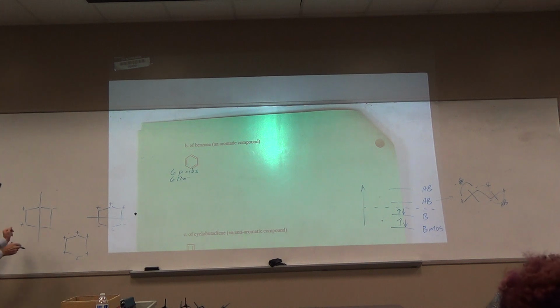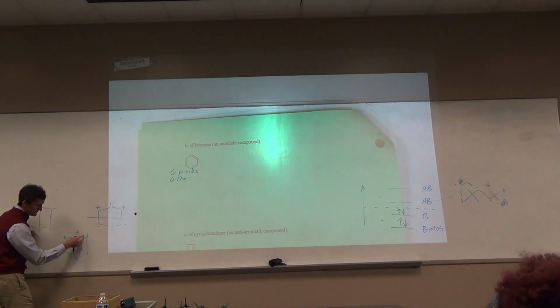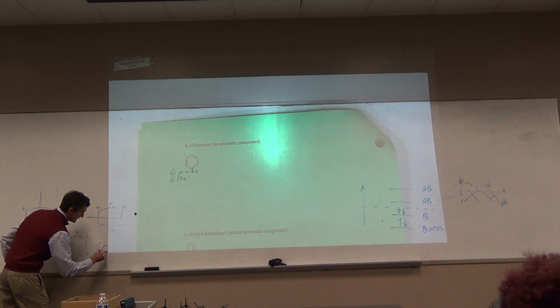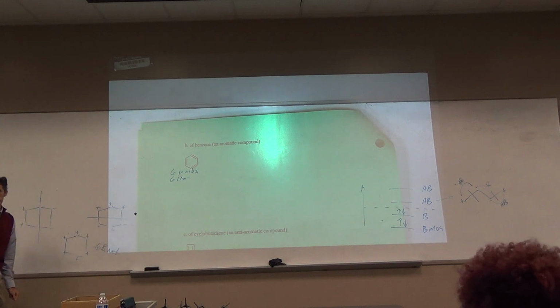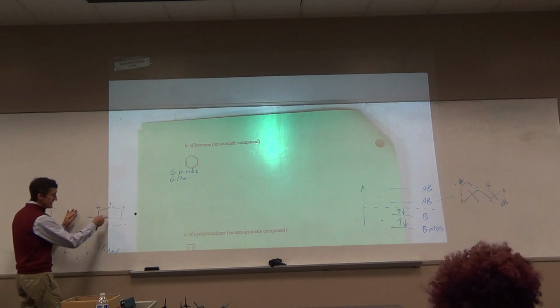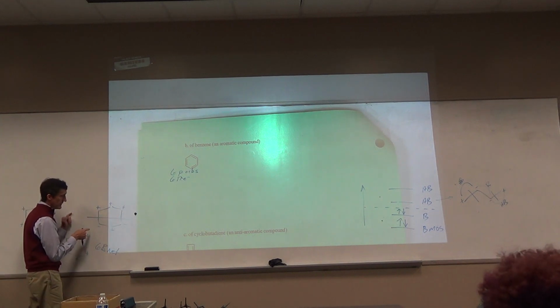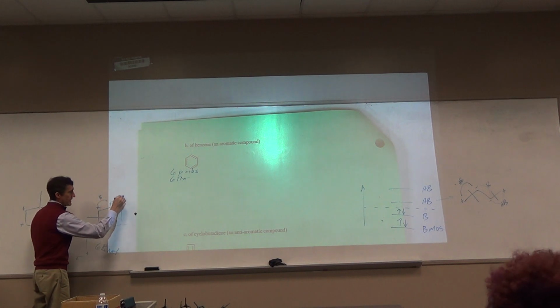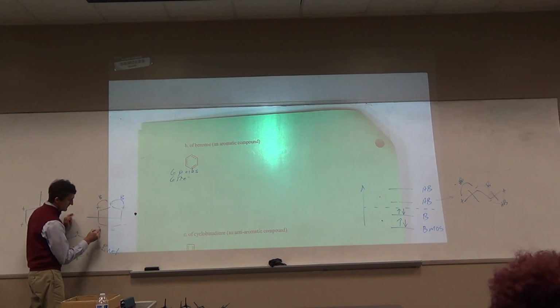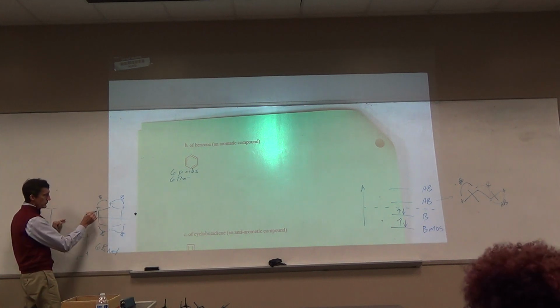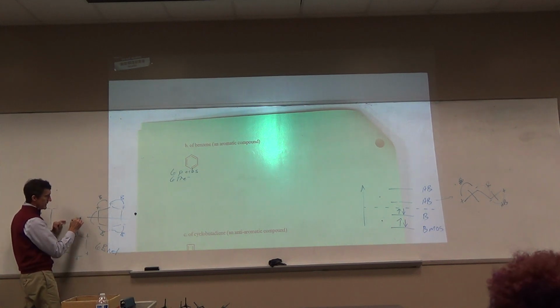What about energy and net here? What's the net here? This is a bonding interaction. Bonding, bonding, bonding, bonding. 6 bonding net. What's the net here? This is a bonding interaction, this is a bonding interaction, this is bonding, and that's a bonding interaction. That's 4. What is this? Antibonding. Bonding.